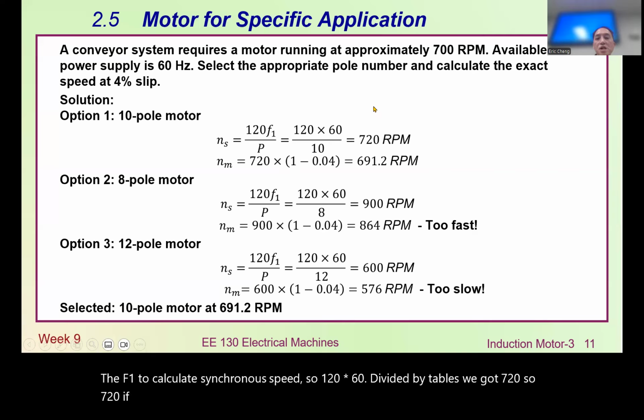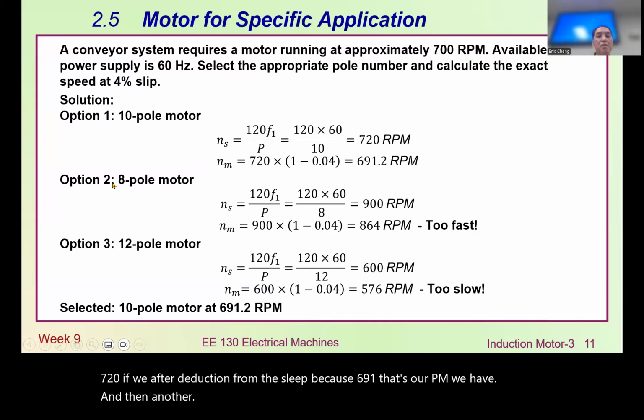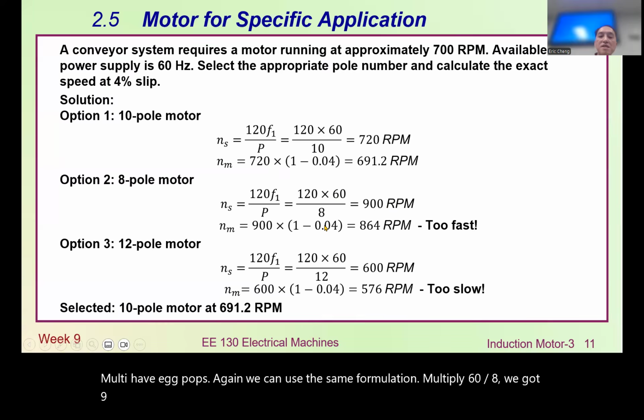After deduction for the slip, we get 691 RPM. Another motor has 8 poles. Again, we use the same formula: 120 times 60 divided by 8, we get 900. After deduction for the slip, the operation will be 864.